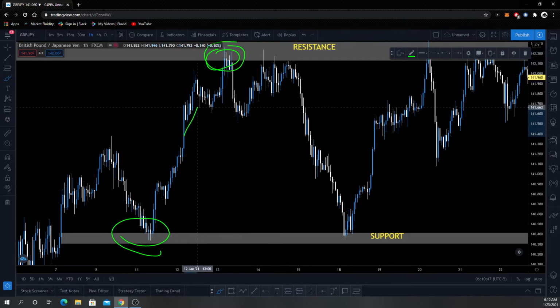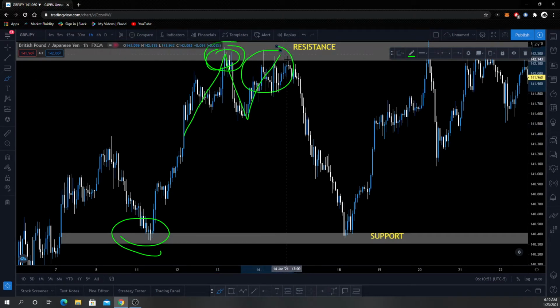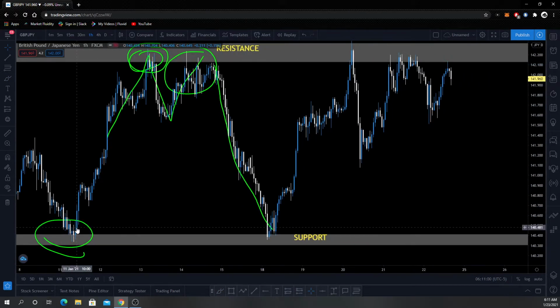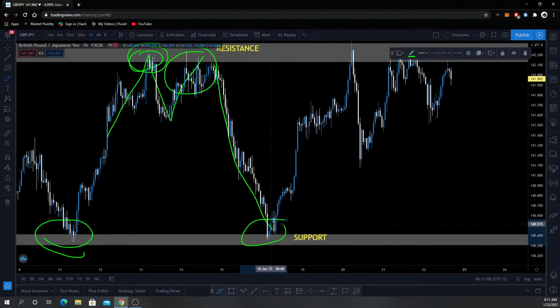Then price did what I mentioned, came down and came back up to test it again. Test again, rejection, and then went down to the support where it found previous support here, to say, okay, this is an area where I might bounce off again if I come down, which price did. So it came down, bounced off again, and went back to the resistance level once more.